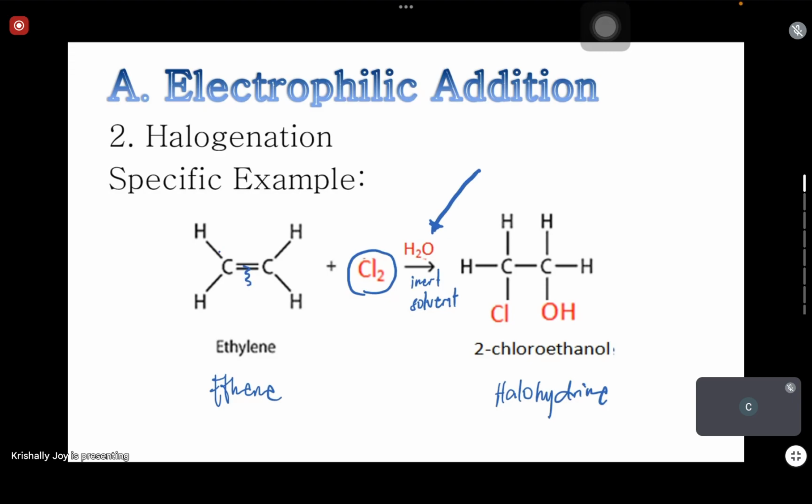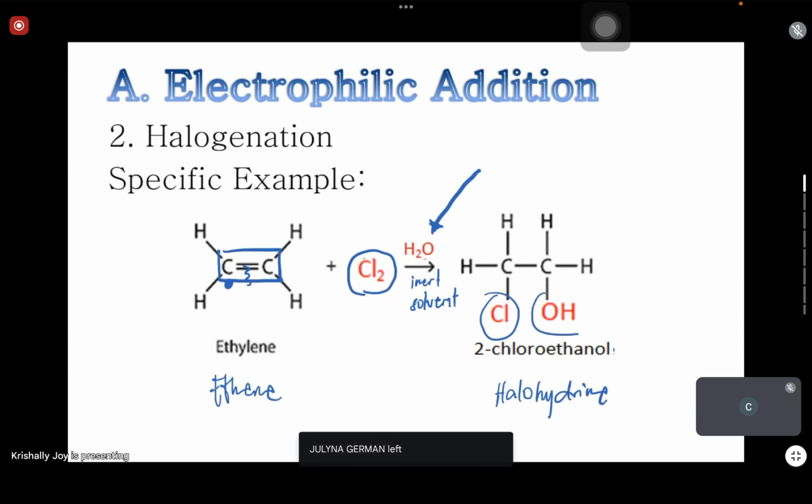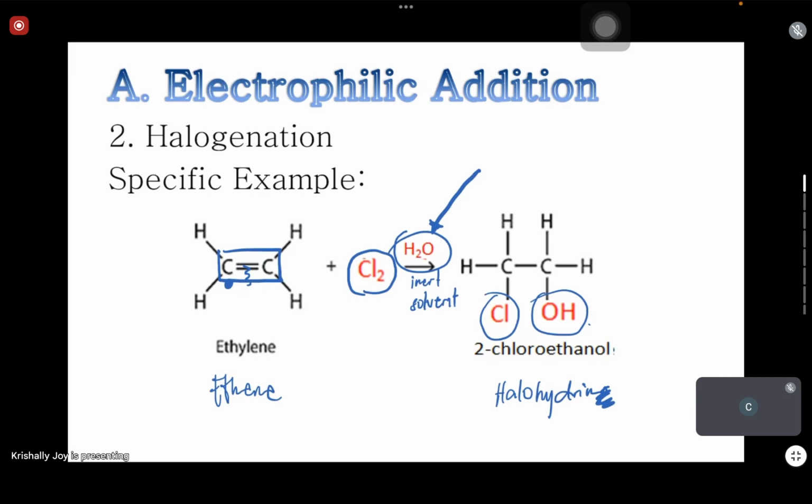After we break the pi bond, one carbon dito na highly reactive, it will be added with a chloro. The other one, nga carbon, it will be added with an OH. Saan galing yung OH na yan? Mula dito sa water. That's why halohydrin. Okay? Now, with regards to the attachment of the OH, this will be attached to the carbon with more substituents.